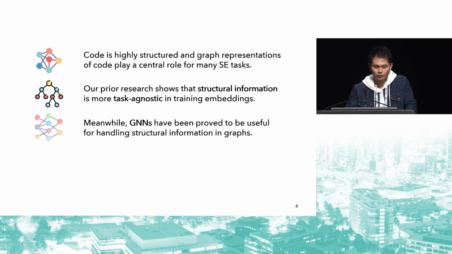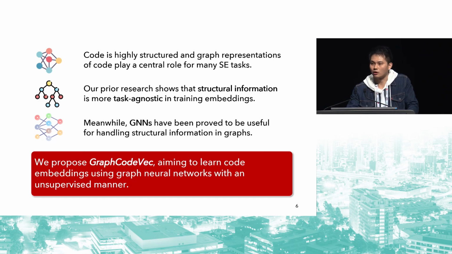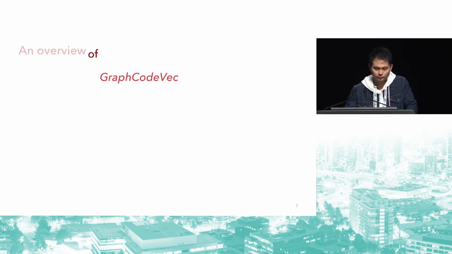Meanwhile, we find that graph neural networks have been proven very useful for handling such structural information in graphs. Therefore, we propose our approach, GraphCodeVec, aiming to learn code embeddings using graph neural networks in an unsupervised manner. Our goal is to make the embeddings generalize to different downstream tasks without any fine-tuning.